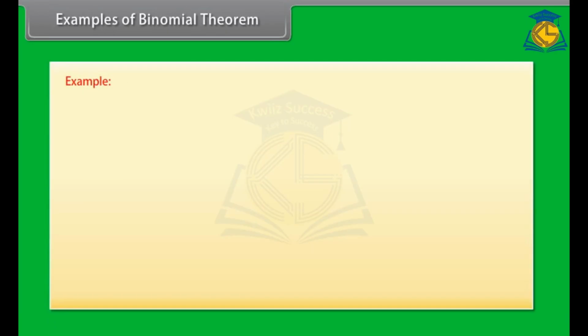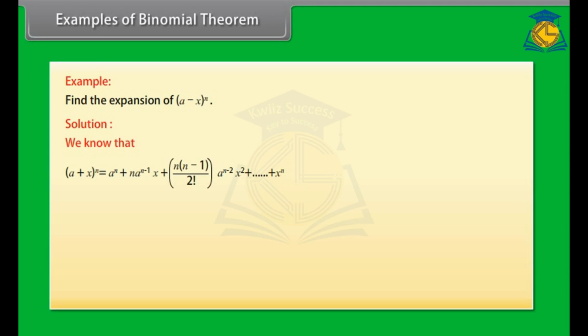Examples of binomial theorem. Example: find the expansion of (a−x)ⁿ. Solution: we know that (a+x)ⁿ is equal to aⁿ + n aⁿ⁻¹ x + n(n−1)/2! aⁿ⁻² x² up to xⁿ.